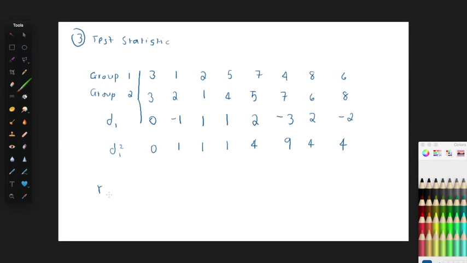And then remember, the formula is 1 minus 6 times the sum of the squares of the differences divided by n times n squared minus 1, and you'll find that this will equal 1 minus 6 times the sum, which gives me 24, divided by n is 8 and n squared is 64 minus 1, and this will give me a value of 0.714, and that is my test statistic.